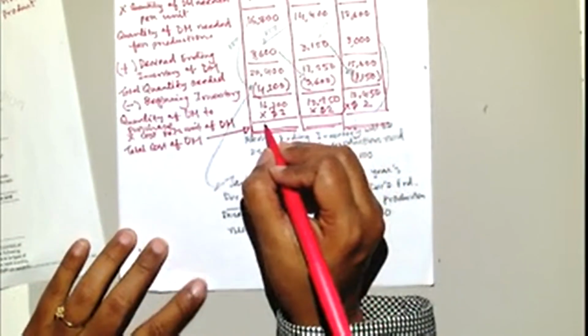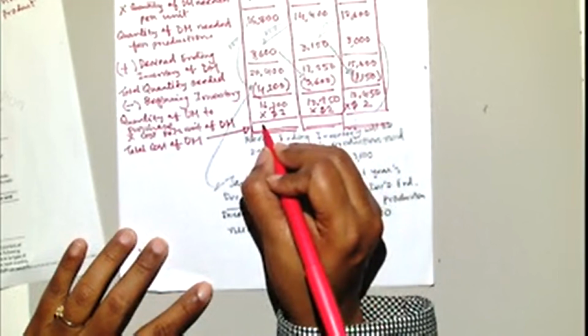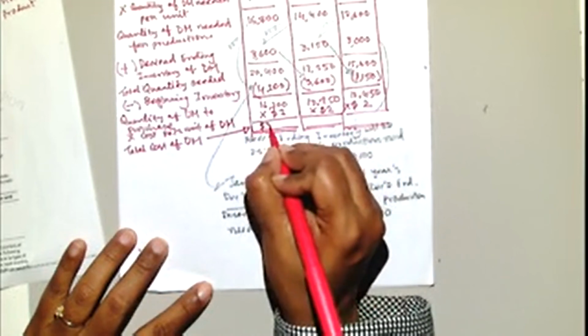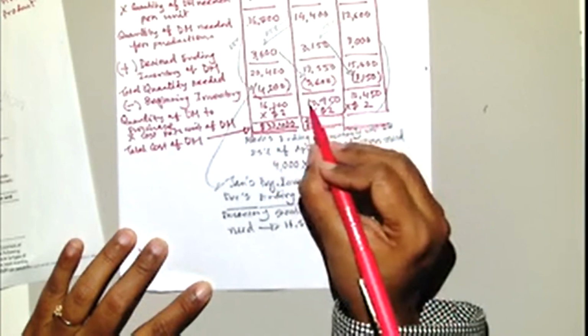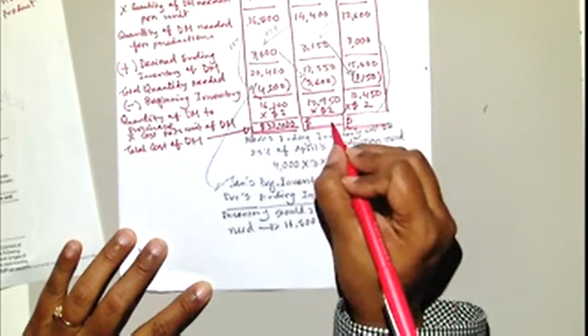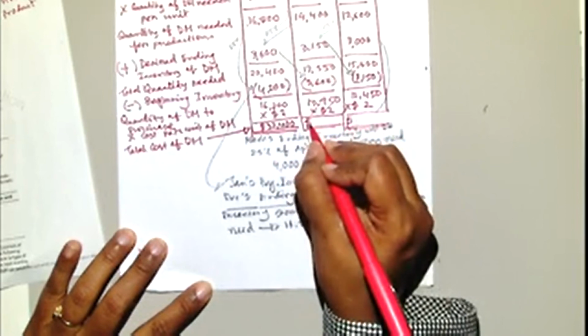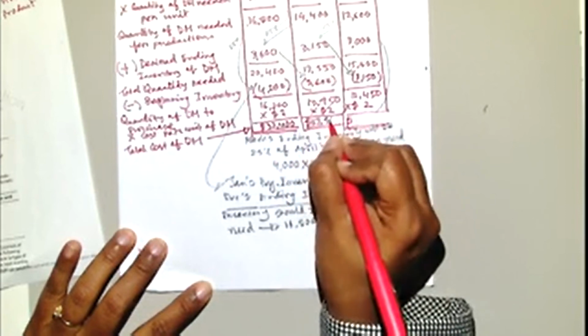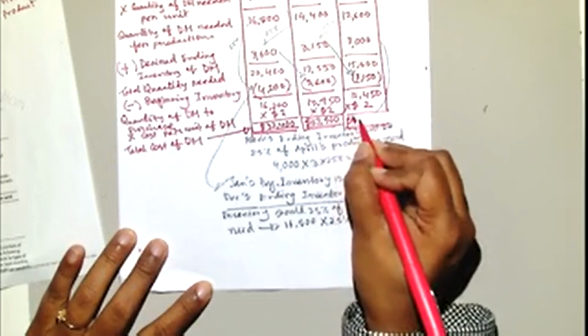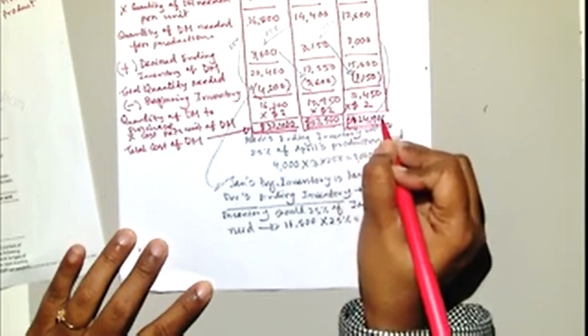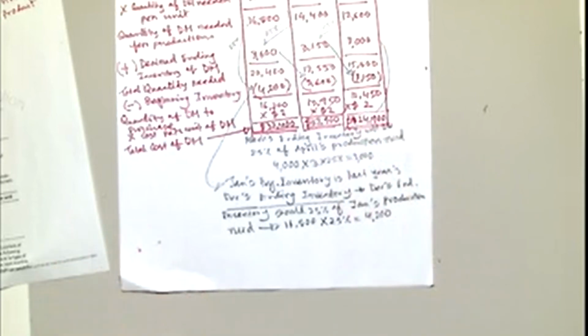So if you do that, it should be 32,400. Remember, now everything is in dollars. Can you tell me the numbers? Thank you, Carl. 27,900. How about March? Great. 24,900. So these are the budgeted costs for your direct material.